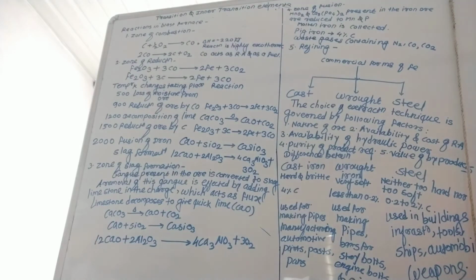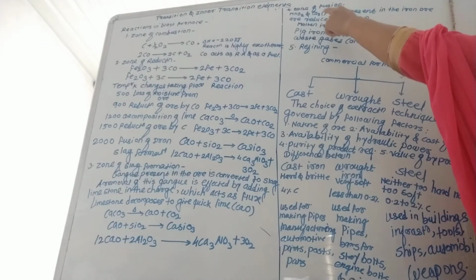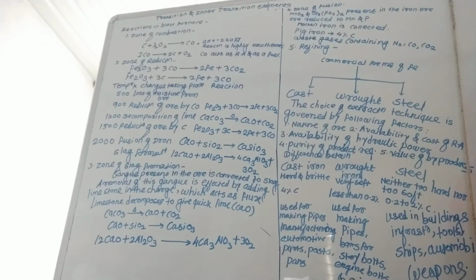Zone of fusion, step number 4. In this zone of fusion, MnO2 and Ca3(PO4)2 present in the iron ore are reduced to manganese and phosphorus.